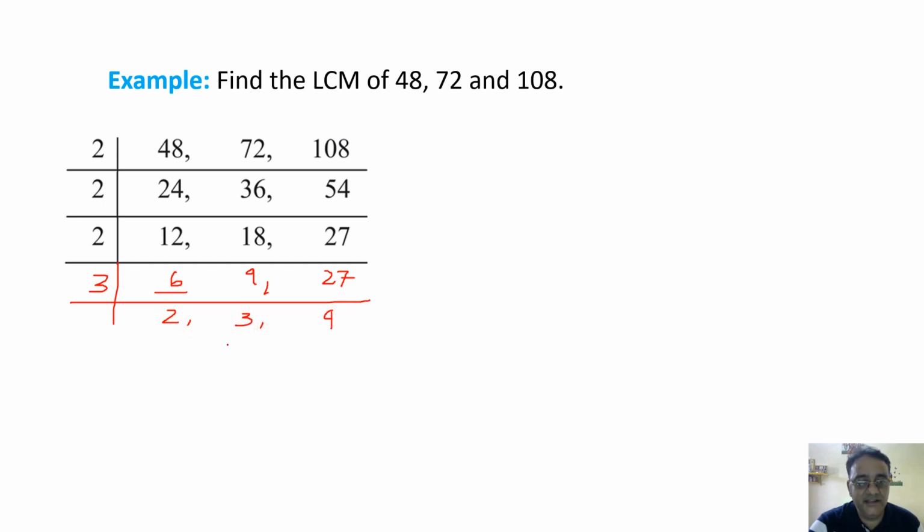Right. Again these two numbers are divisible by 3. So we will again take divisor 3. Okay, 2, 1, 3. So the LCM is 2 into 2 into 2 into 3 into 3 into 2 into 3.